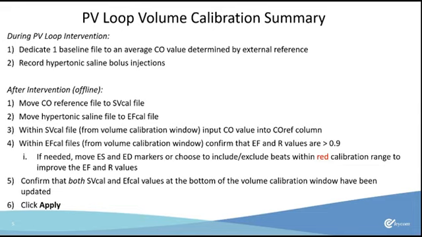If less than 0.9, we have the ability to move the end systolic and diastolic markers and or choose to include or exclude beats within the volume calibration range to improve these values. Finally, confirm that both the SV-cal and EF-cal values at the bottom of the volume calibration window have been updated before clicking apply. After clicking apply, your PV loops should turn to yellow for any data file within that dataset, indicating you're ready for analysis.